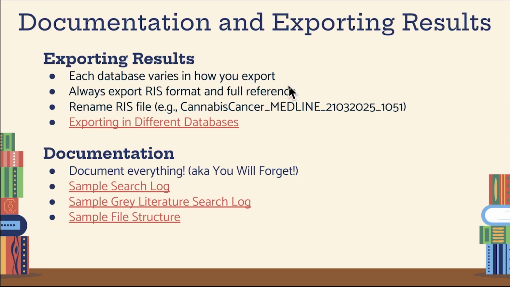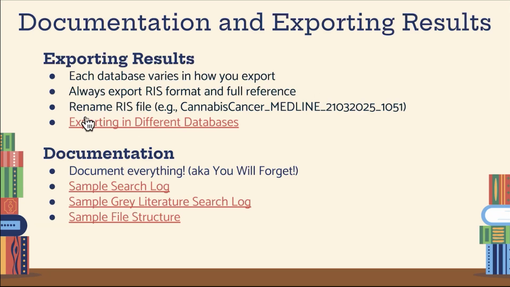Always take the full reference. And as soon as you take it out, rename the file to give it the name of your project, the database you got it from, the date you took it, and how many references you found. Again, I'm all about documenting things from the get-go to save you time, so I definitely recommend that.